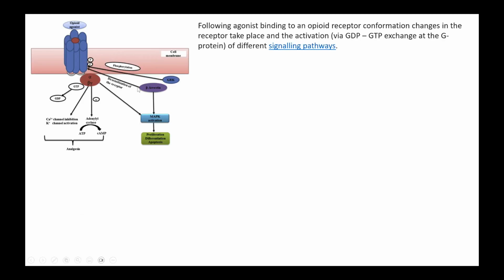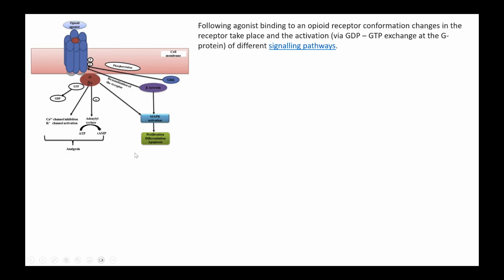This picture is a little different from the earlier picture that I showed. This also shows how the G protein coupled receptors are activating. But the modern concept is that there are two signaling pathways. This signaling pathway is mainly for the analgesic component, where it activates the GDP to GTP and breaks down the primary G protein into alpha and beta gamma subunits, and they cause calcium channel inhibition and potassium channel activation, and also act on adenyl cyclase.